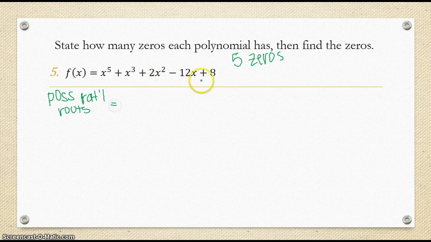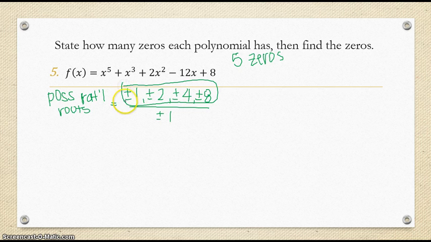So when I do that, factors of 8: plus or minus 1, plus or minus 2, plus or minus 4, and plus or minus 8. My leading coefficient's 1, so I'm really just doing that divided by plus or minus 1, which means these are my possible rational roots. I'm going to start checking them to see which one's actually a root or a 0, so I'll plug them in, whichever one gives me 0.